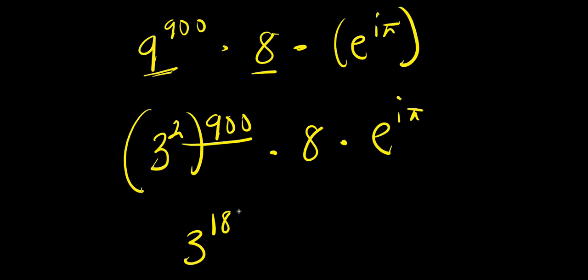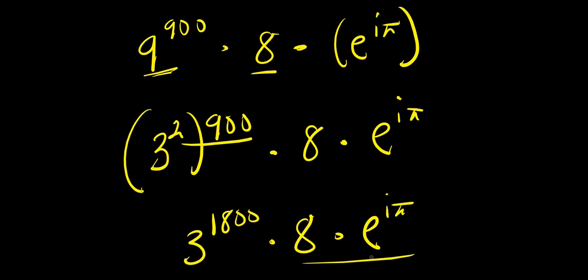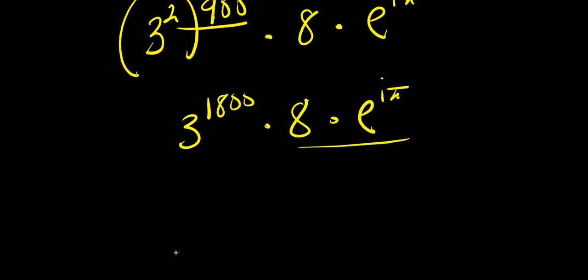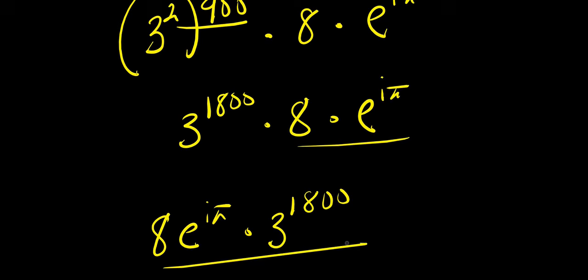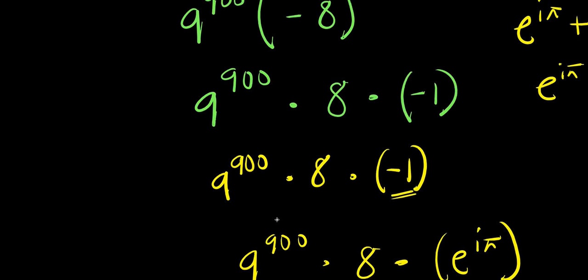That will be 3 to the power of 1,800 times 8 times e to the power of i times pi. So, if you multiply this out, you can easily have 8 e to the power of i times pi times 3 to the power of 1,800. You leave it this way.